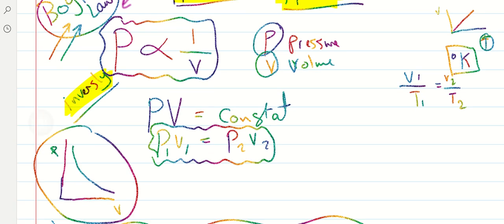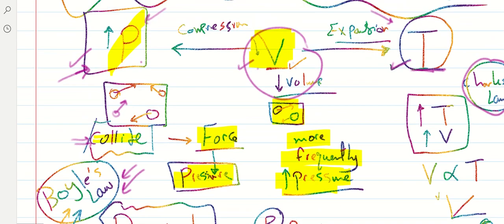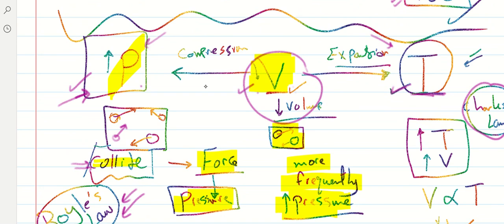Pressure and volume are inversely proportional, but at a constant temperature. Pressure increases, so I compress the gas, so the volume decreases. It is that simple. So Boyle's law says P1 V1 equals P2 V2.